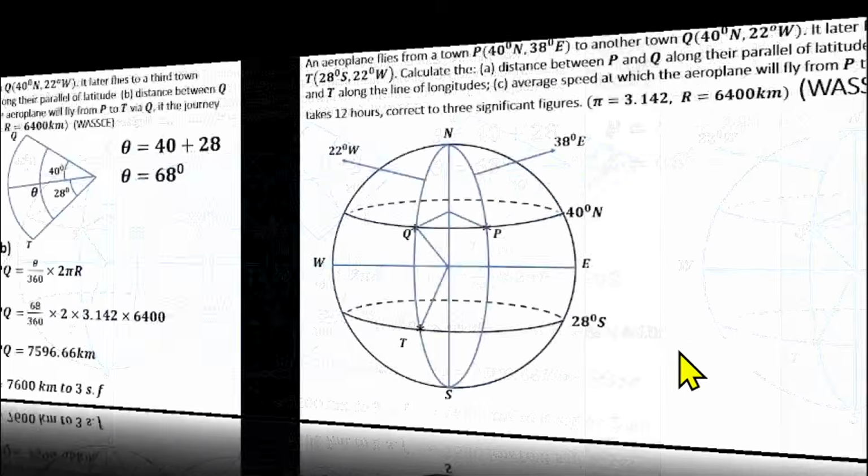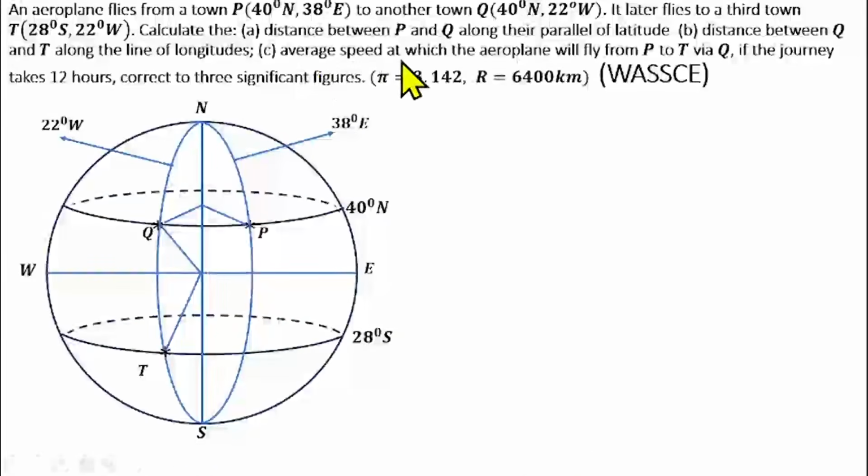So the last question, we have to find the average speed at which the aeroplane will fly from P to T via Q if the journey takes 12 hours, correct to 3 significant figures. So we know the total distance the aeroplane covers from point P to Q is what we got in the first slide, and from Q to T is what we got again.